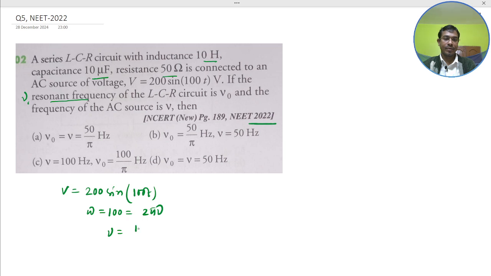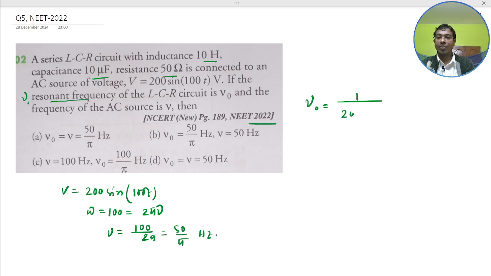So nu would become 100 by 2 pi, that is 50 by pi hertz. This is the omega, and the resonant frequency, nu naught, we just discussed in previous, that is 1 by 2 pi root LC. Just put this value. This formula is very important for your short type questions. L means 10 and the C is 10 to the power minus 5.